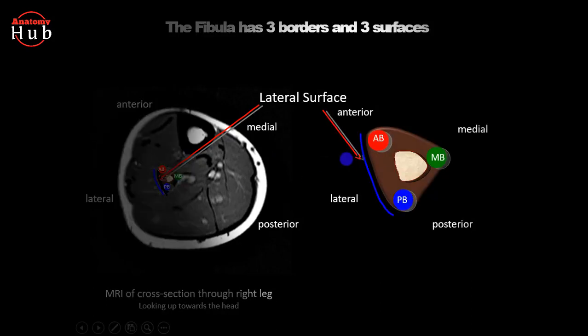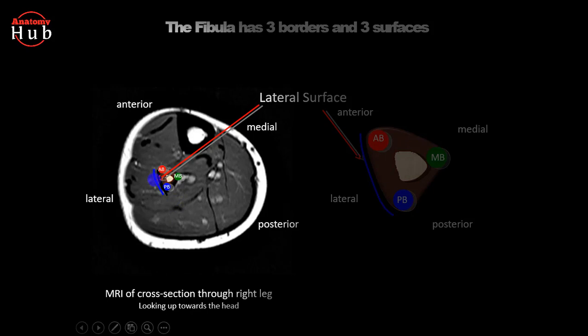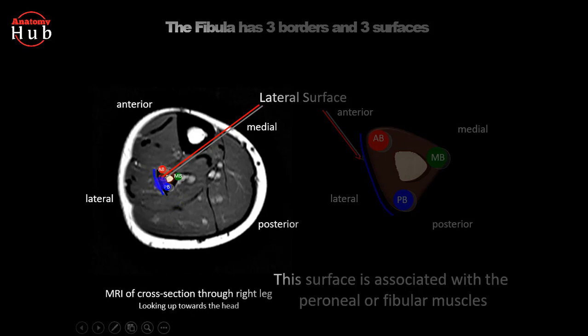Now in between the anterior border and the posterior border, you will find another surface over here. So this surface is your lateral surface. This surface is associated with the peroneal or the fibular muscles, or you can say the muscles that are present in the lateral compartment of the leg.